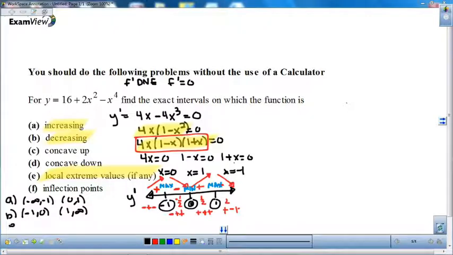Part E says the extreme values. The extreme values are actually the y values. So I know where they occur. I'm going to substitute negative 1, 0, and 1 into the original equation. When x is 1, this is going to give me my y value.